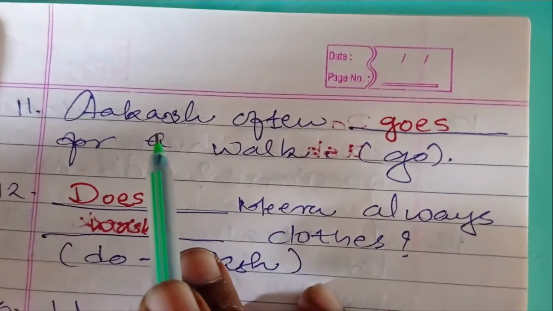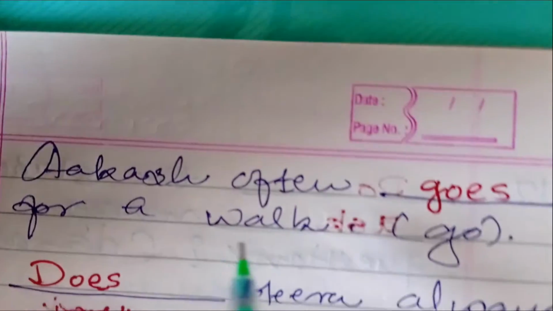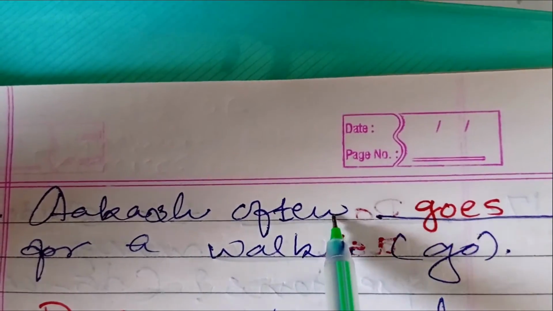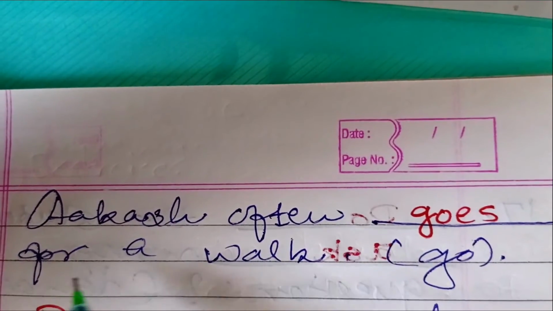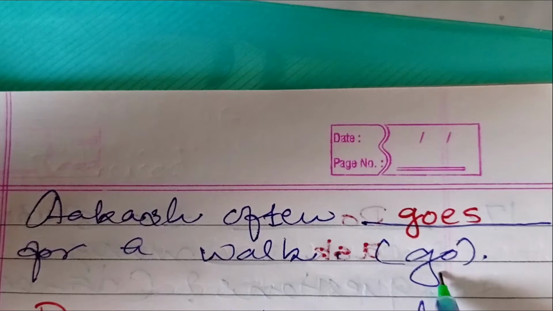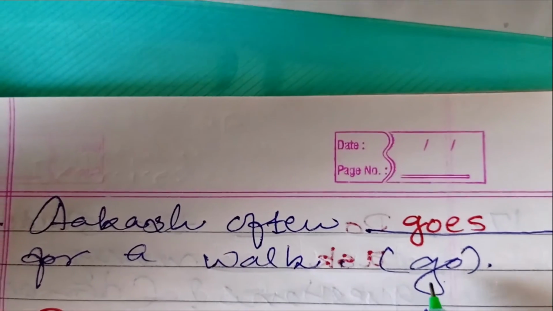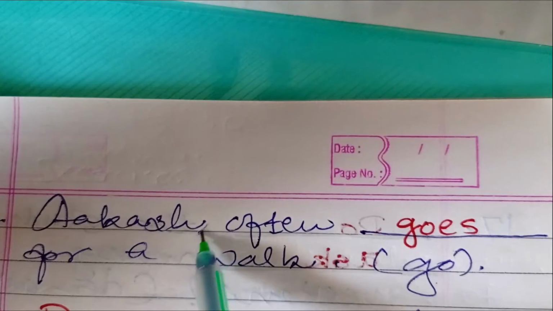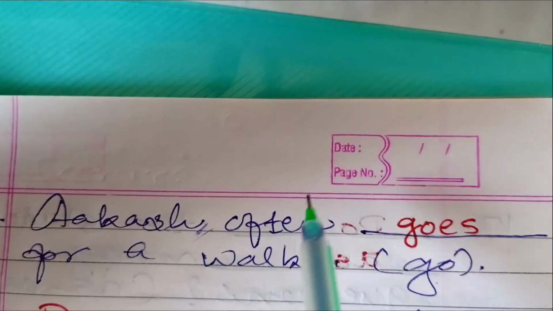Eleventh question. Akash often goes for a walk. Which form of verb do you have to use? Go. Akash is again third person singular.